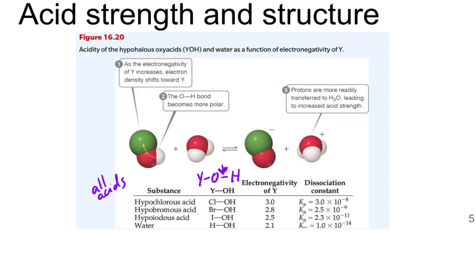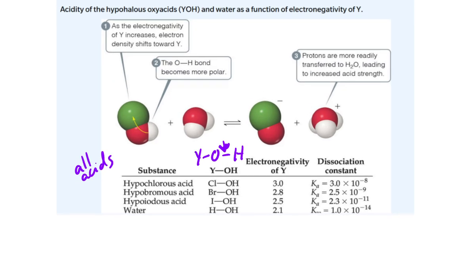If we look here, hypochlorous acid, hypobromous, hypoiodous: the Ka's decrease as we go down the group. ClOH, BrOH, IOH. The Ka's decrease, and that is because the electronegativity decreases.